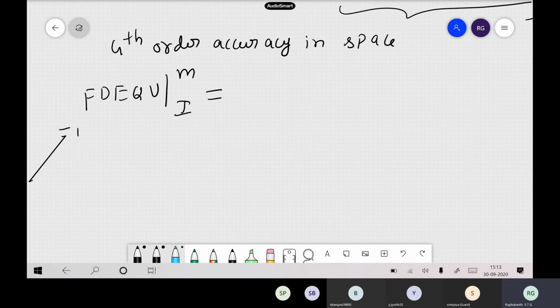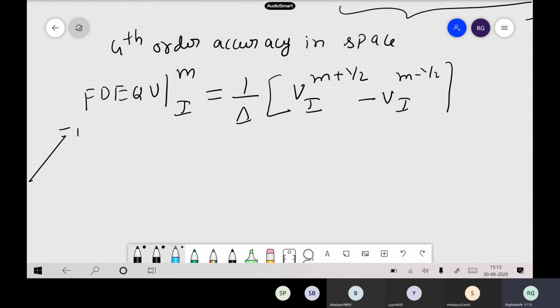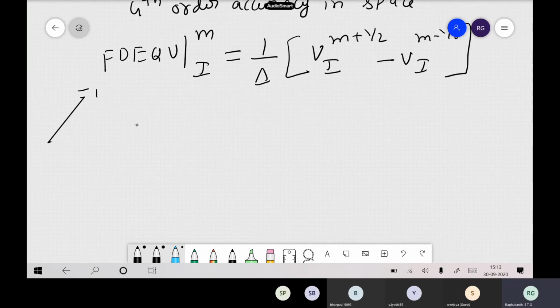The first term is going to remain the same because this is with respect to time: v m plus half I minus v I m minus half. This is second order in time, but in space you are now going for higher orders.